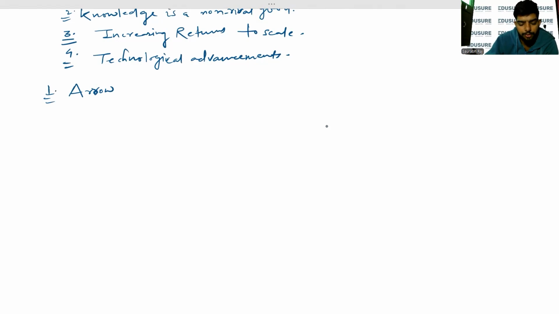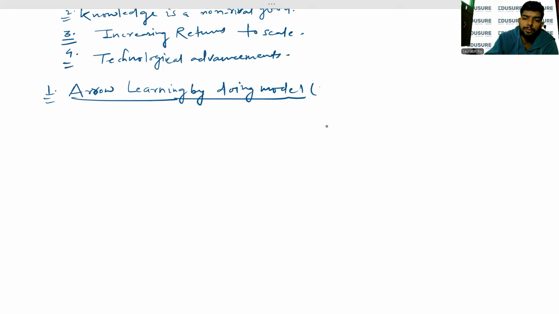First is Arrow's learning by doing model, which was given in 1962. From the wording itself, you will be able to understand why learning by doing implies endogeneity in technological progress.